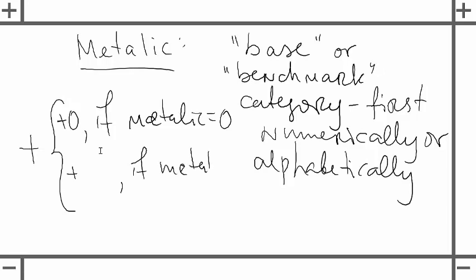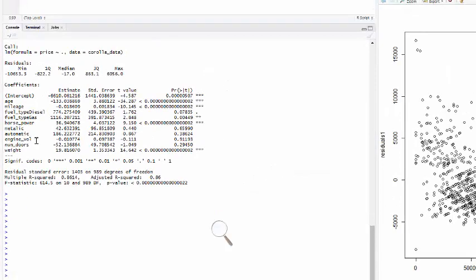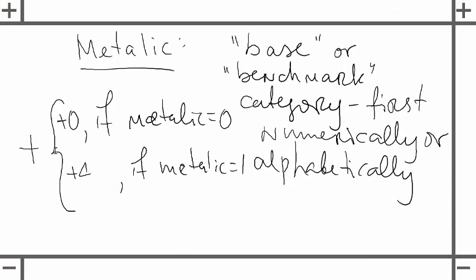Metallic equals 1 corresponds to plus 42.63. So plus 42.63 if metallic equals 1, right? This is how it works, pretty much always.